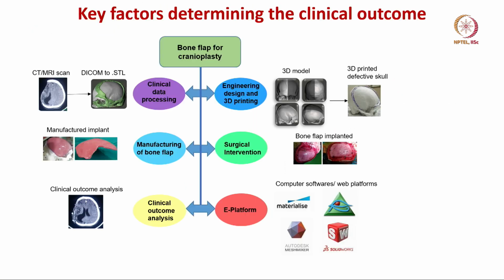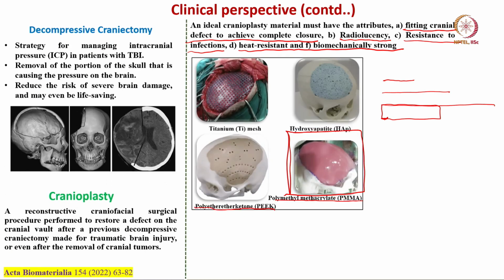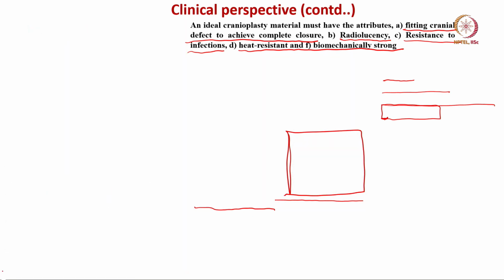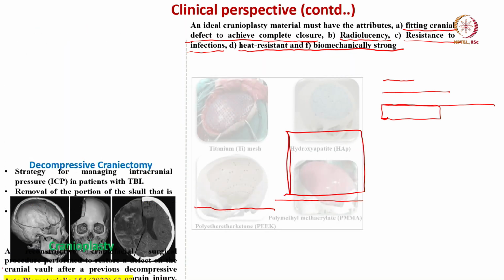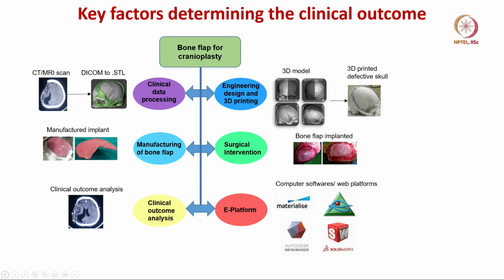Before that, let me also go back. These are some of the factors, and this clinical evidence and other things you can also find in one of the review papers which our group has written and which was published in Acta Biomaterialia in the year 2022.